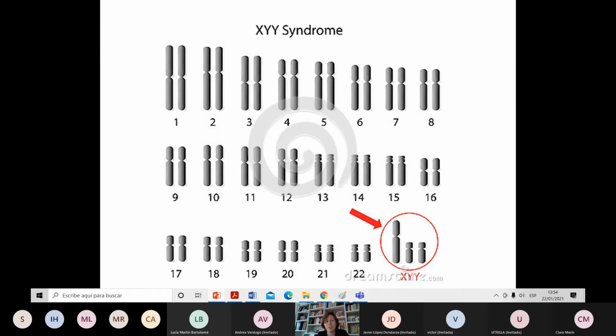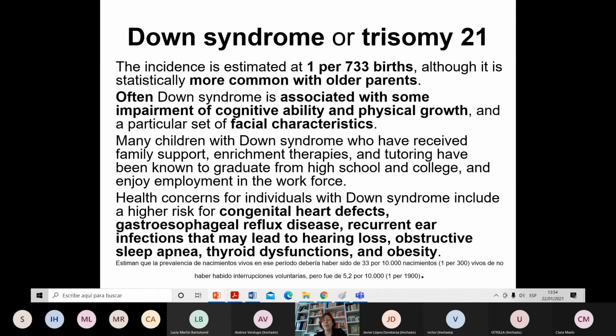No other special characteristic. And then we've got Down syndrome, that is trisomy in chromosome number 21, in which the incidence was estimated several years ago at 1 in every 700 births.